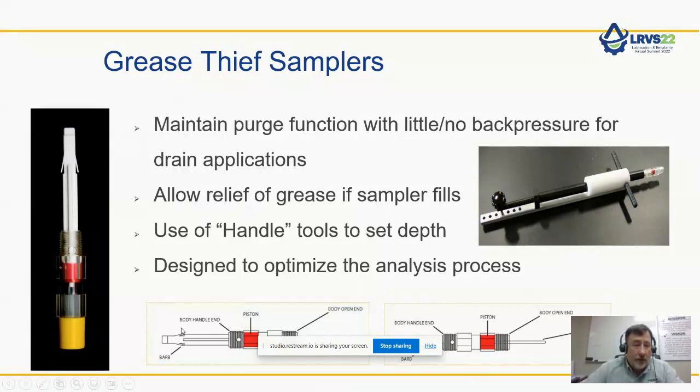There's a relief path for it. So just for reference, the grease thief, the sampler that you see on the left side, is almost the exact size on my screen anyway.